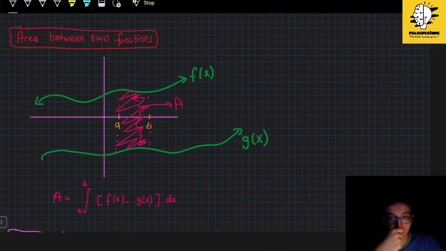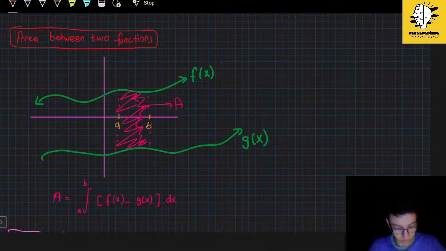In order to find the area there, let's give values to the functions. The one that is higher will be at the top, so you have to put it first as positive and the one at the bottom as negative. So that is one way to figure it out.